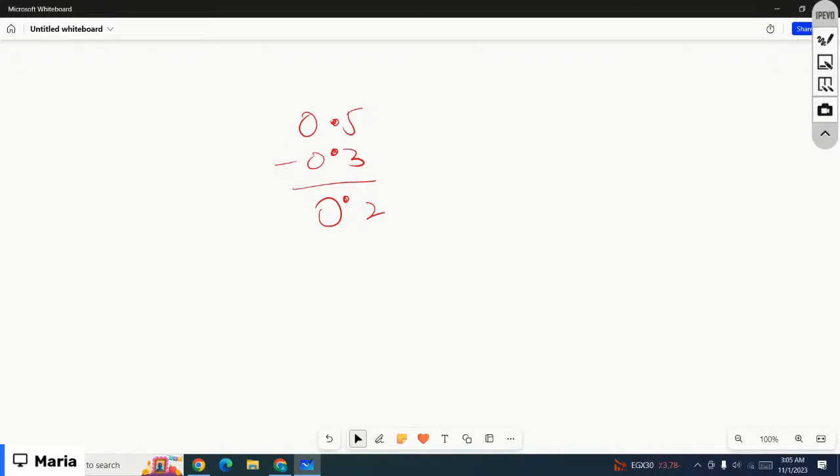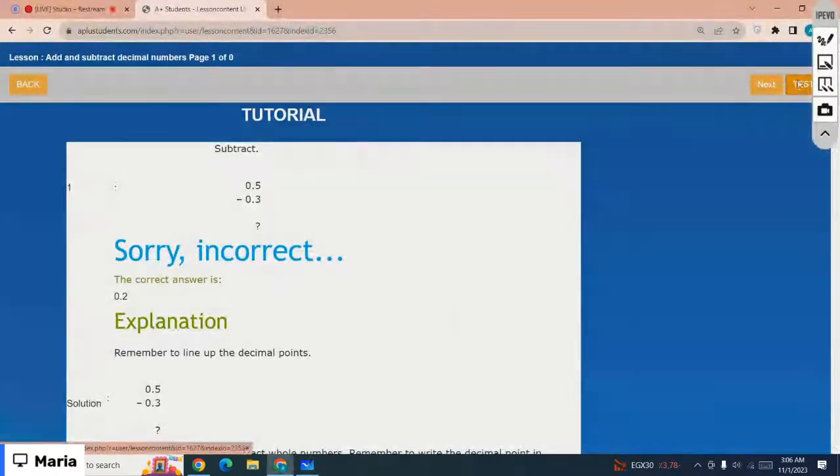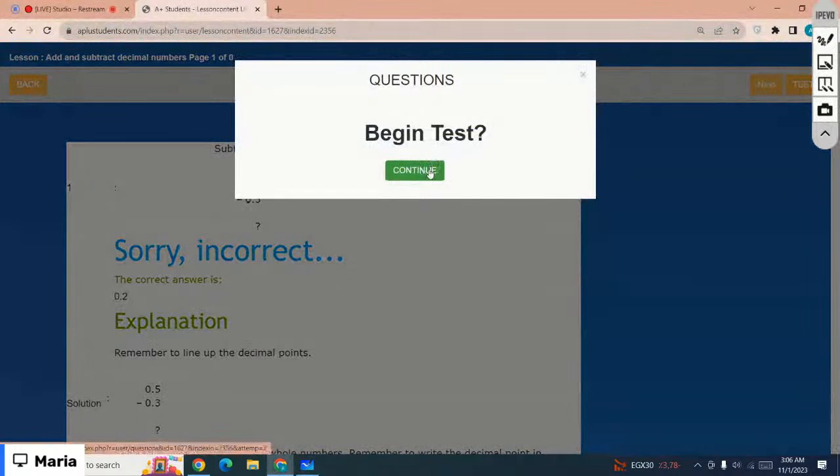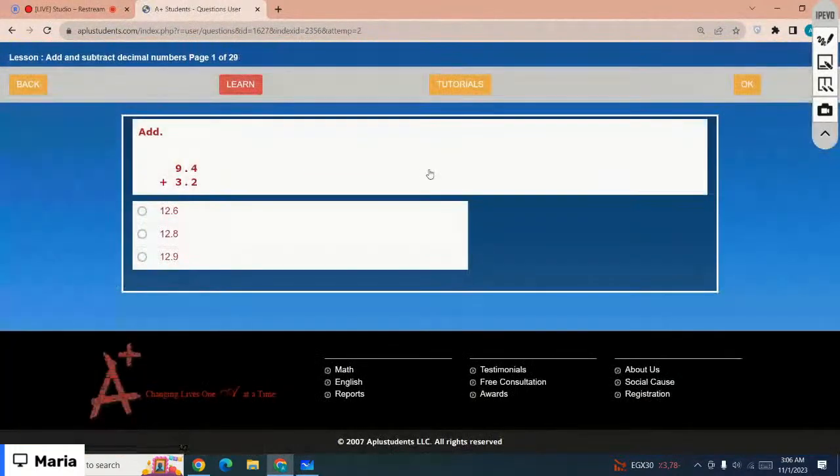Let's just start with the practice questions. Okay, here it is 9.4 plus 3.2. So, which is the correct option? You have to add them. Very good.